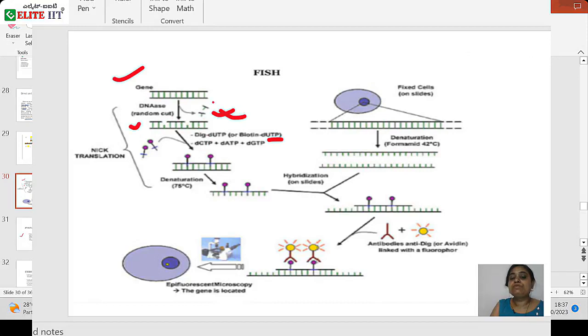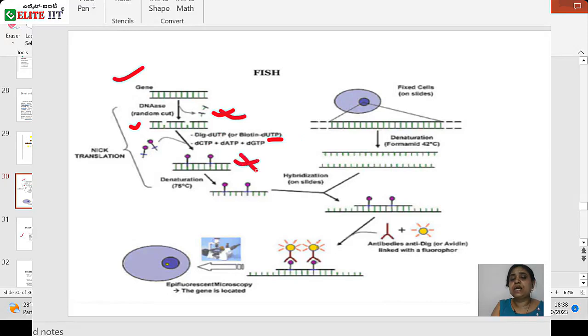And you are just adding biotin labeled dUTP plus you are adding CTP, ATP and GTP. So total four bases you have added, and among the four bases, only one is labeled with biotin. Biotin is only labeled with the U.